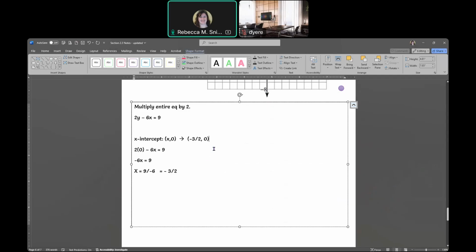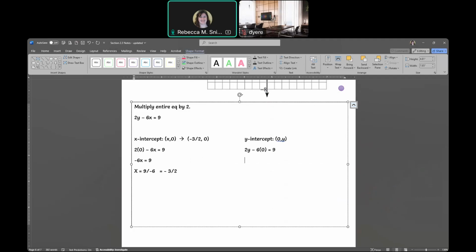Okay. Now we solve for the y-intercept. So it's 0 comma y, which says you're going to plug a 0 now in for your x and solve for its y counterpart. So here we get 2y minus 6 times that 0 is equal to 9.